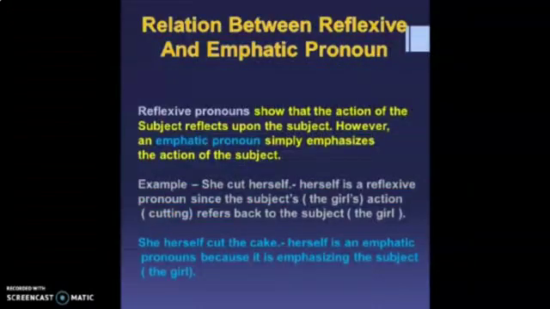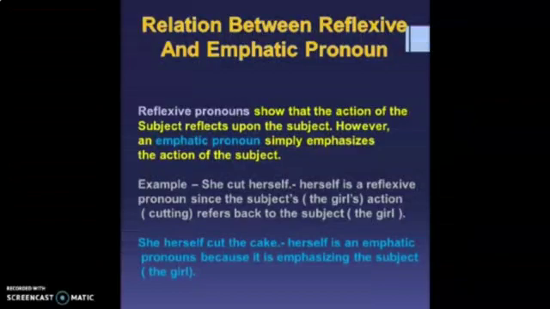What is the relation between reflexive and emphatic pronoun? Reflexive pronouns show that the action of the subject reflects upon the subject. In reflexive, the action of the subject affects the subject only. However, an emphatic pronoun simply emphasizes the action of the subject. See the example, she cut herself.